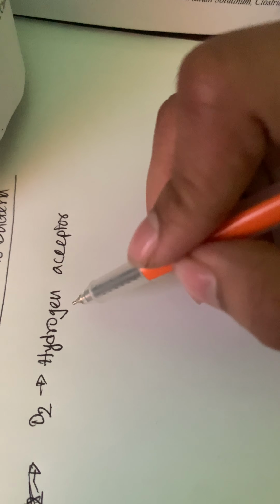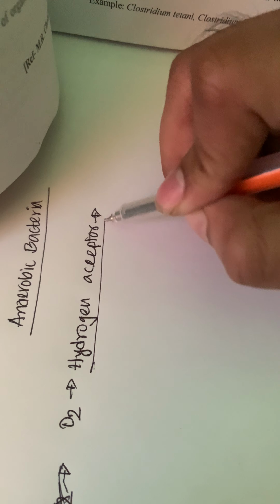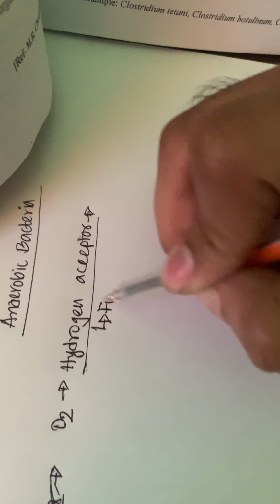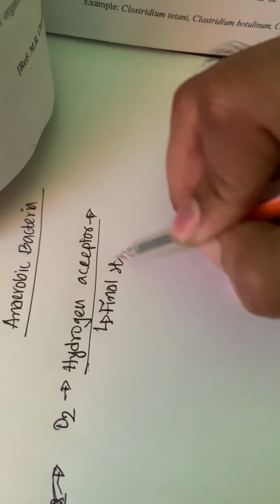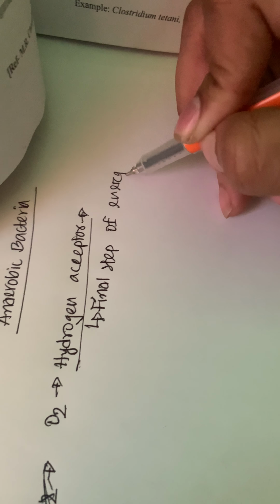That means oxygen is the hydrogen acceptor in the final step of energy production of bacteria.